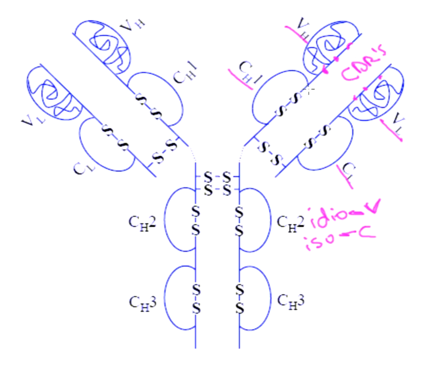Now, if we look at the CH region, we will come across 5 major antibody types for this region. They are known as IgG, IgA, IgE, IgD, and IgM.